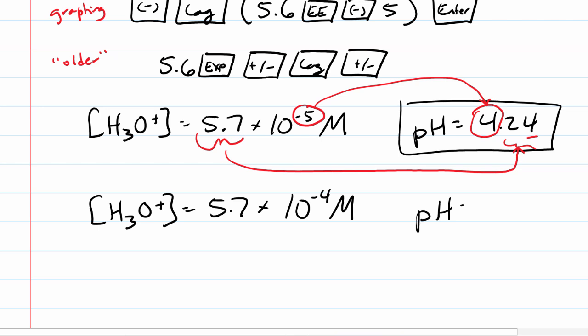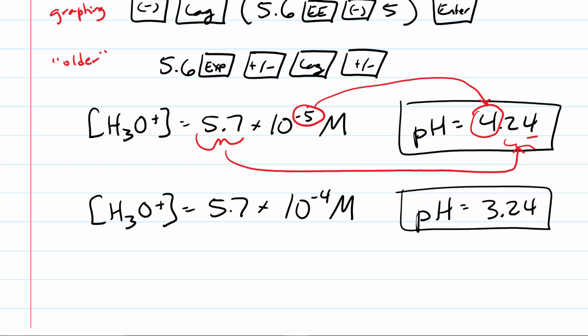I don't even need to look this one up because now the number is going to change to 3.24. So notice all the digits after the decimal stay the same. So by changing the exponent here, the exponent changes the number in front of the decimal. So the numbers after the decimal are determined by this value.